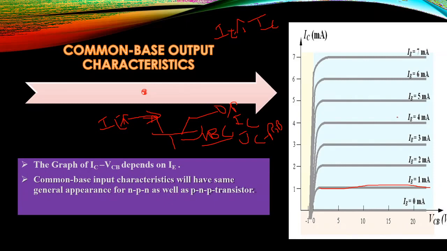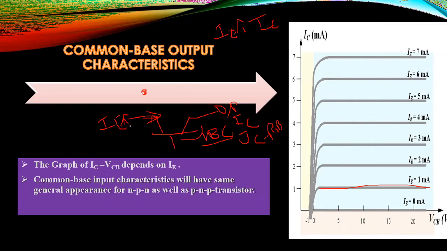Output characteristics with respect to the junction we are calculating, but one parameter of input current is also considered for the 3-terminal device. That's why these are the characteristics with respect to the transistor.